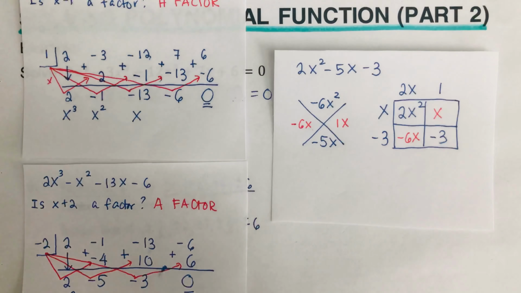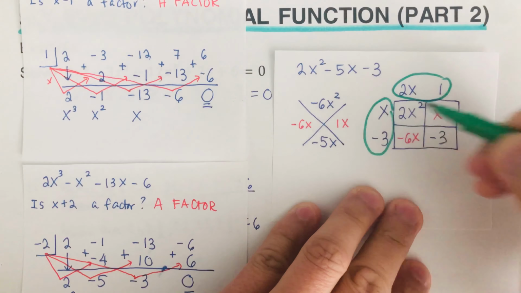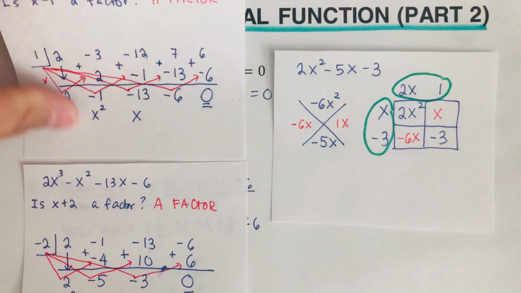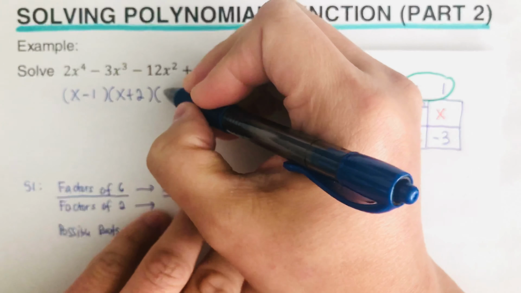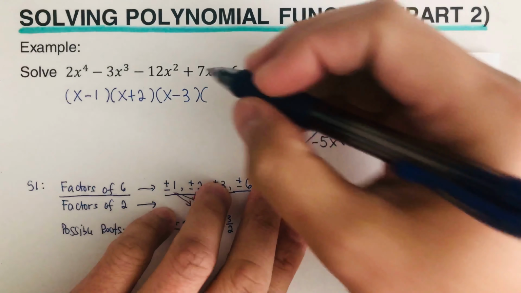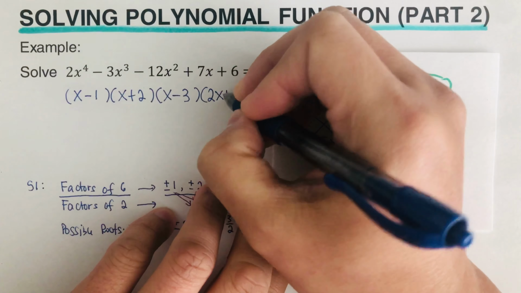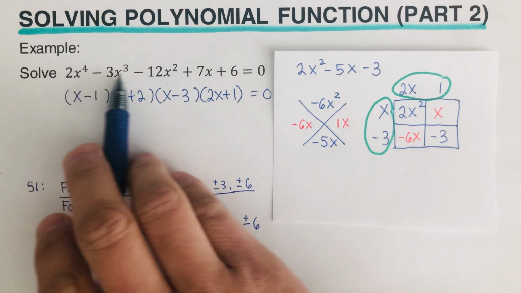Which means that these are the other factors right here. So the factors would be x minus 3, and then we have 2x plus 1. So these are all the factors for this expression that we have right there.